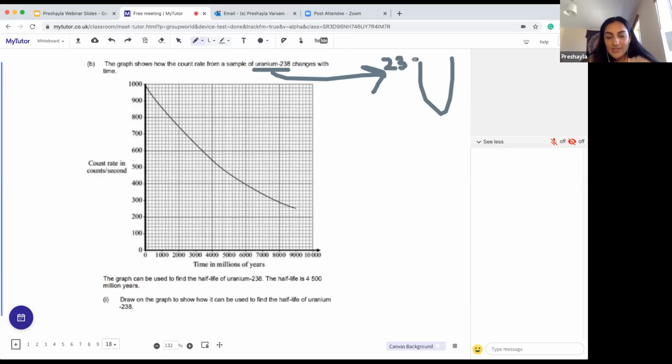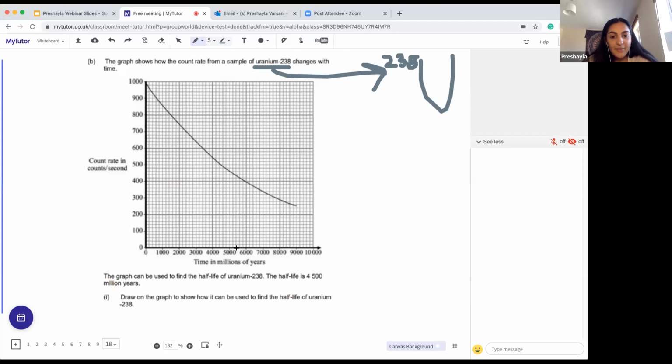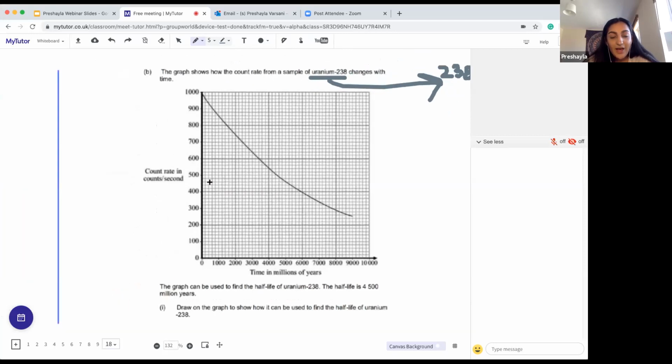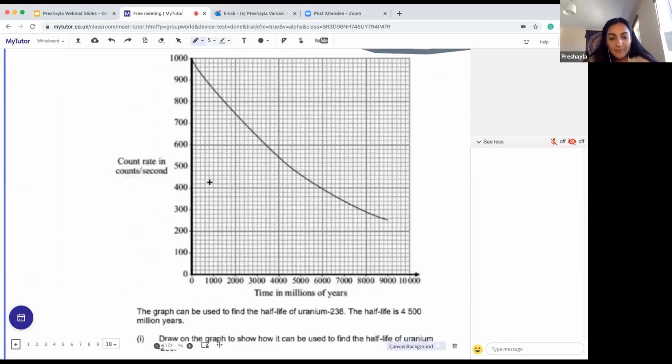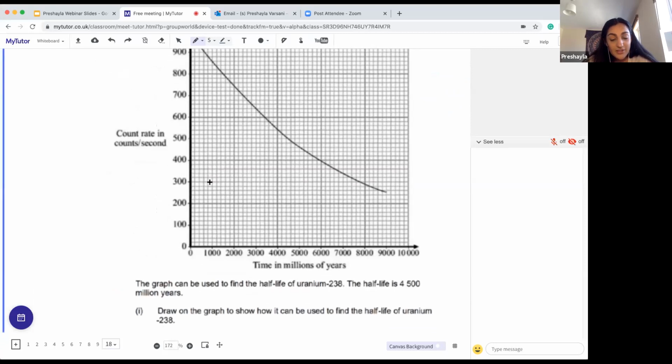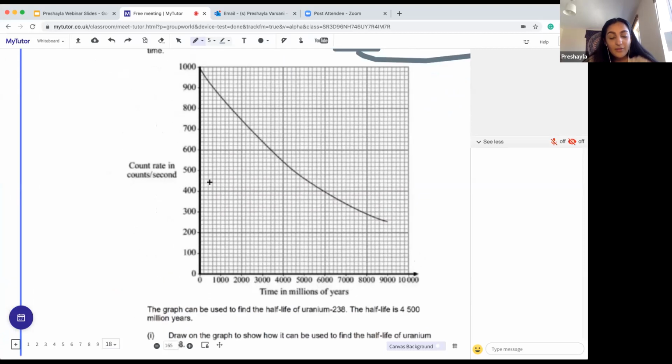So all that means is that the mass number is 238. So here we have a graph of how the count rate changes with time. Now the graph can be used to find the half-life of uranium-238. They've told you that the half-life is 4,500 million years, where the x-axis is measured in millions of years.